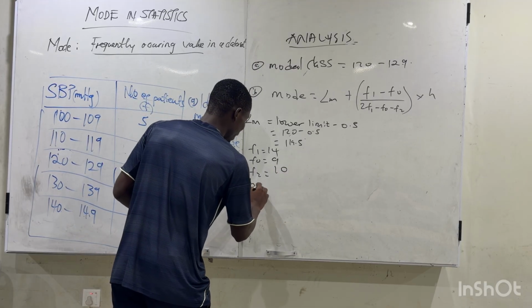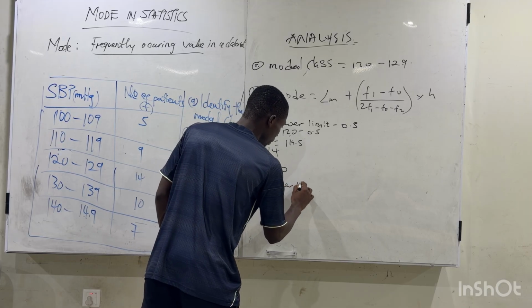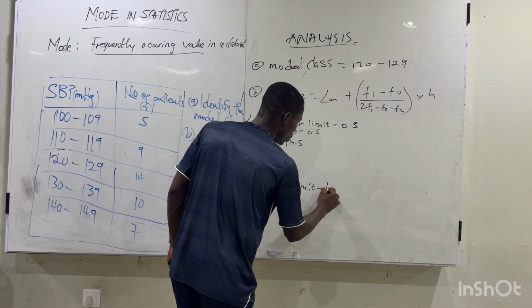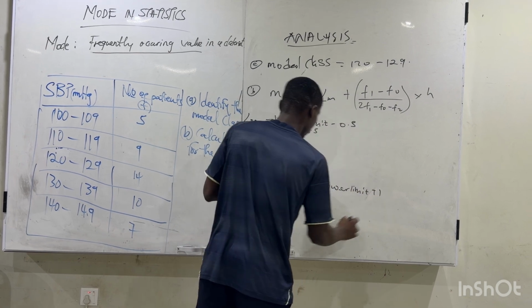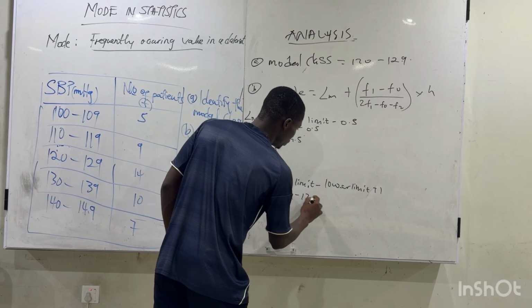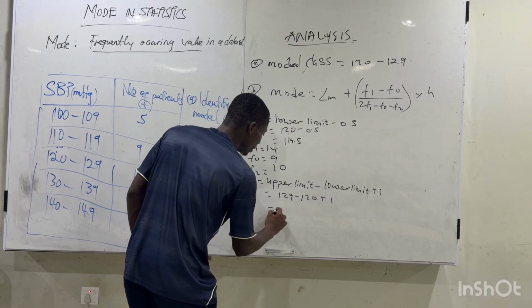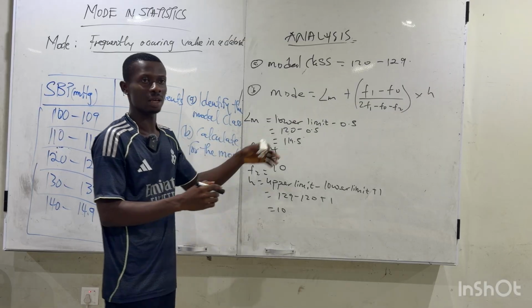Then we have the class width to be the upper limit minus the lower limit plus 1. So I'm going to have 129 minus 120 plus 1, which will be 10. So I'm going to put our values into the formula to get the mode.